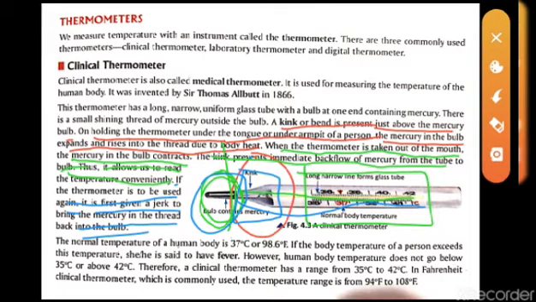That means if I have checked my body temperature and you also want to check yours, we have to jerk the instrument so that the mercury goes back to the bulb. After that we can check.